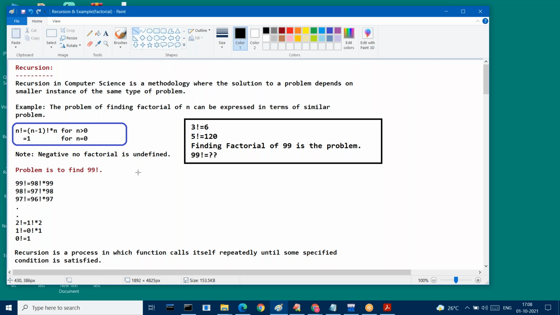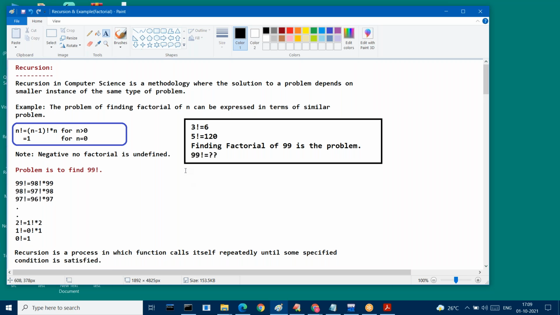So now what will you do? You will check whether 99 is equal to 0 or greater than 0. Sir, it is greater than 0. Then immediately what will you do? You have the formula, na?